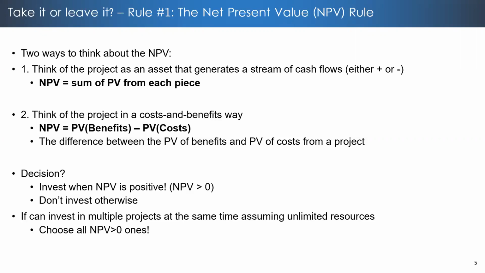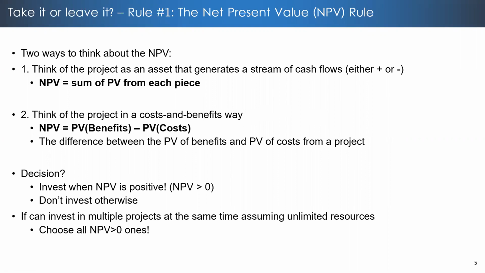And here are two ways you can think about net present value. The first way is the sum of the present value from each piece of cash flow that you're going to receive by taking this project. And the second way is the total present value of benefits that you receive less the total present value of cost that you're going to incur in this project.